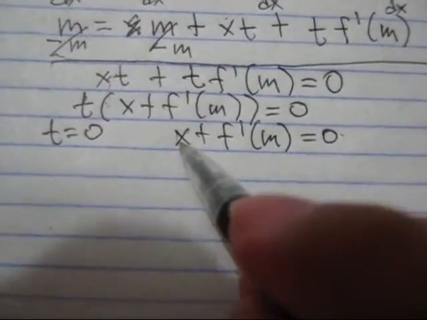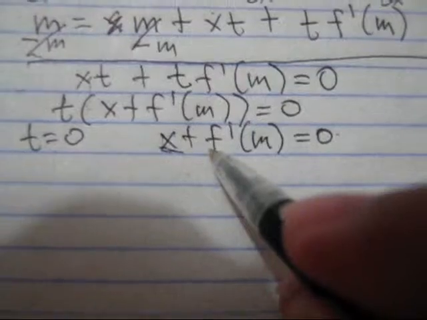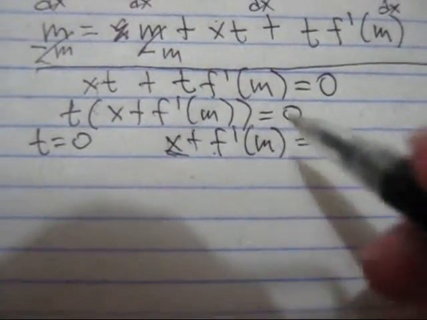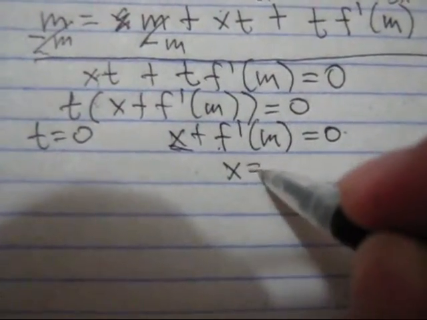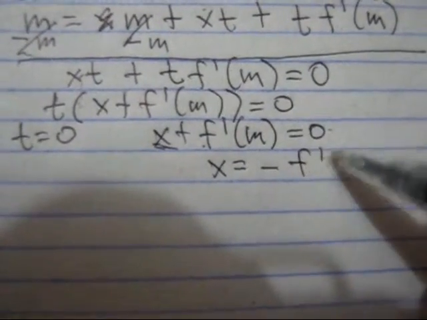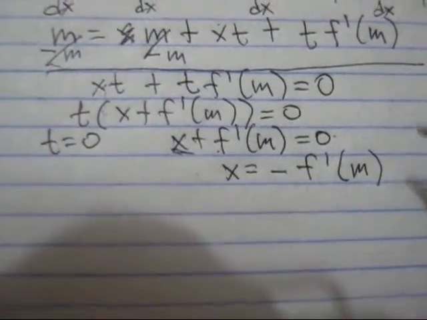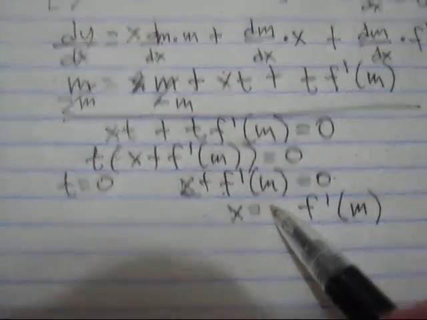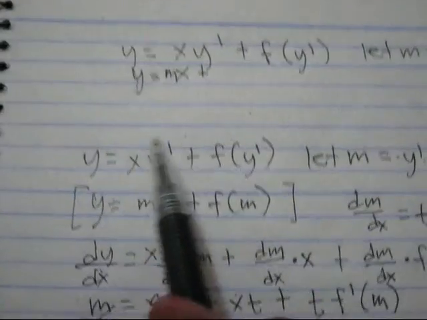Here, in order for you to get x, we will transpose f'(m) to the other side. So the answer will be x = -f'(m). We will substitute it into our original equation.